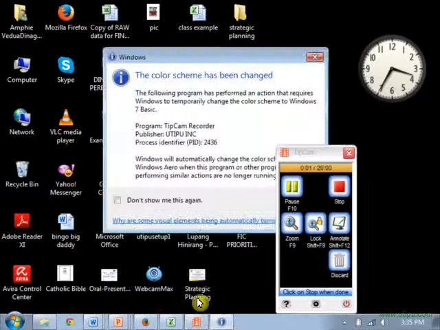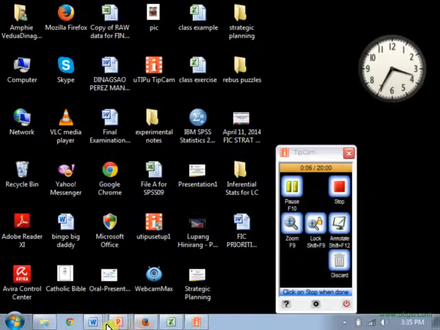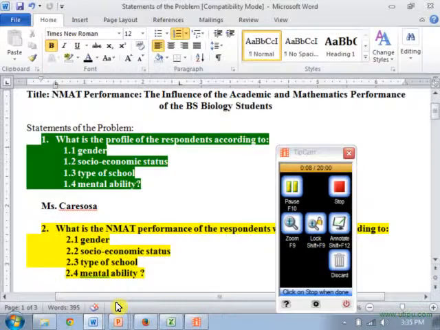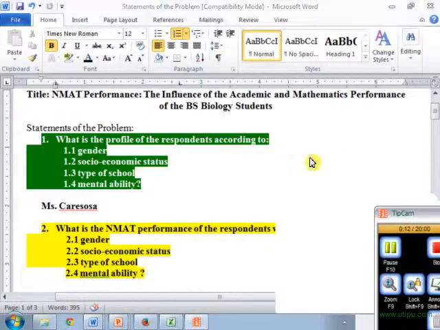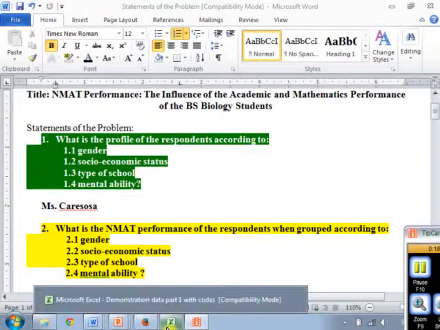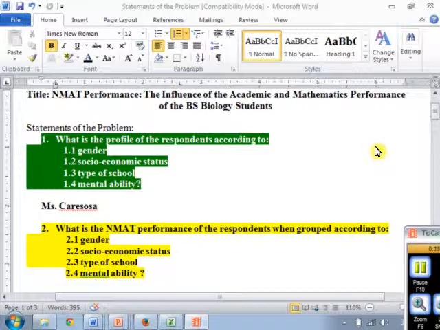We will now proceed to answering your next problem. Again, your problem number 2 says, what is the NMAT performance of the respondents when they are grouped according to socio-economic status? So we already presented the general performance of the students, without categories.